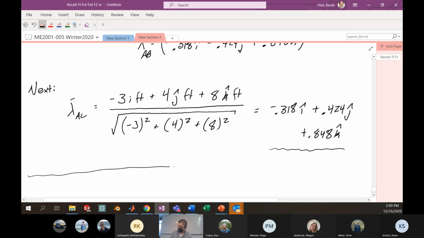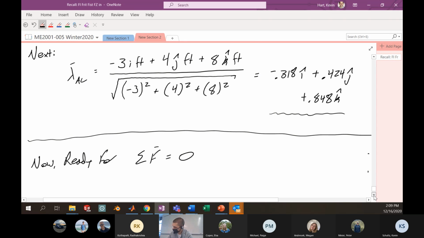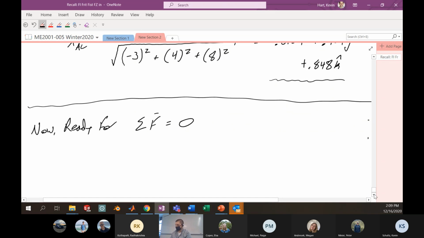Now, we're finally ready for our equilibrium equation for this particular problem. All right. So let's just put all the forces in here for a teaching moment, and then we'll show you how the 3 separate equations in the 3 different directions shake out.